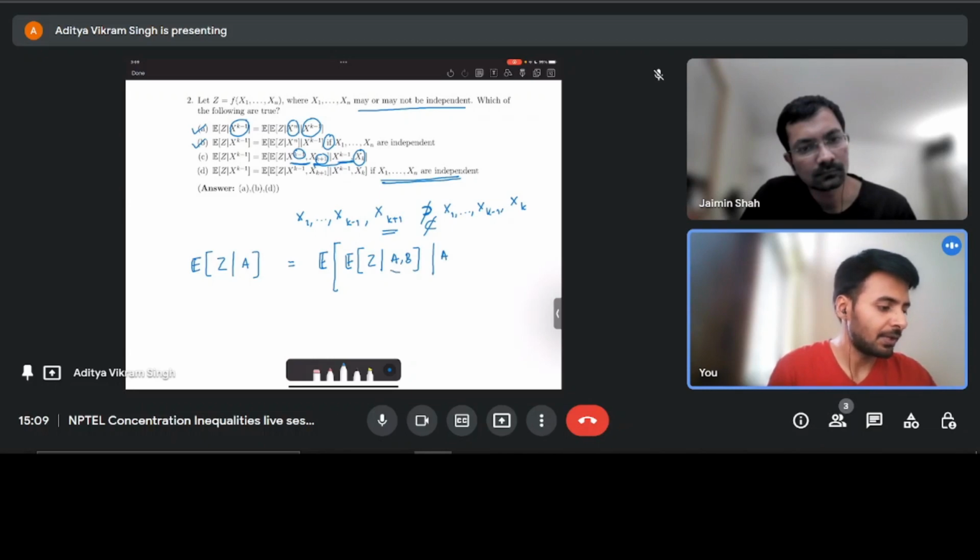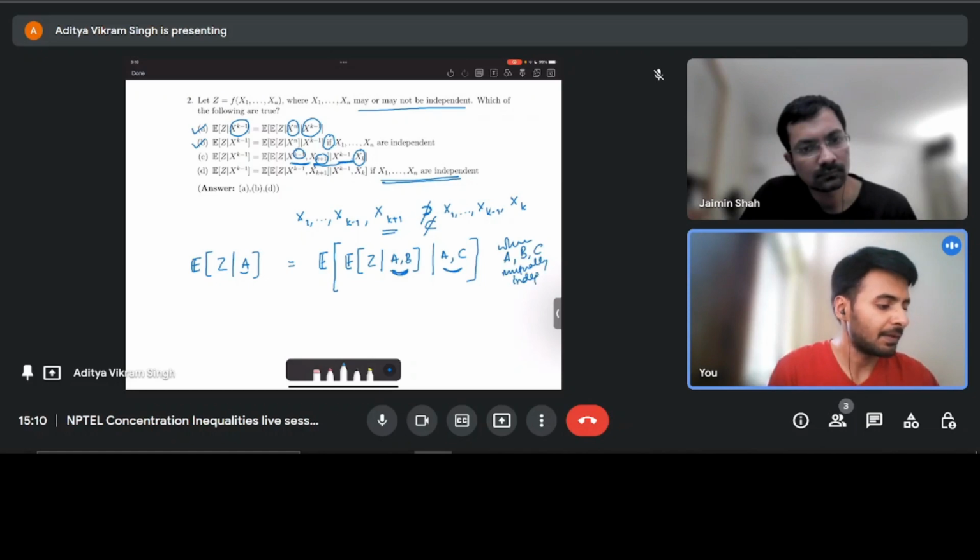First you condition on a, b, then you condition on a, so you get a. But this says further that if a, b, c are independent, then this is also true. So you condition on a comma b, and then you condition on a comma c, where a, b, c are mutually independent.